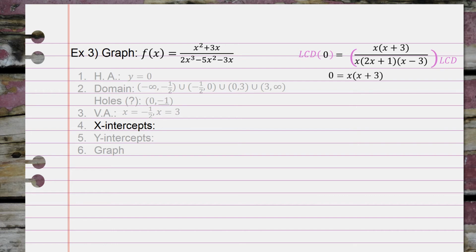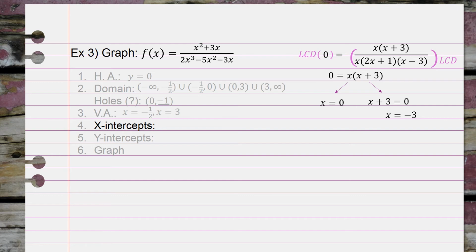From here, since it's already in factored form, we take each piece and set it equal to 0. The first piece, x equals 0, is already solved, but the other piece, x plus 3 equals 0, still needs to be solved, so we subtract 3 on both sides, and we find x equals -3.